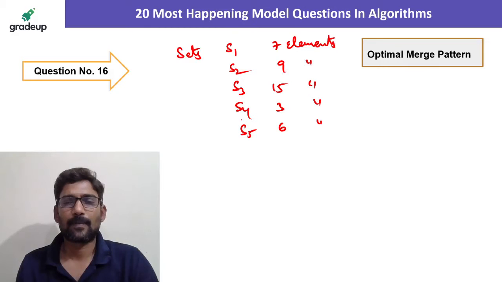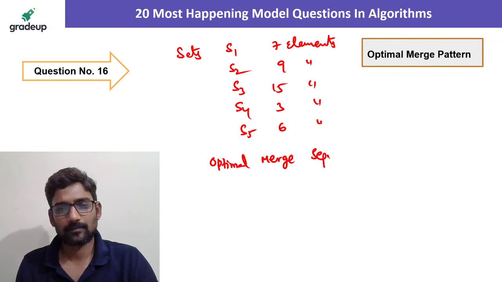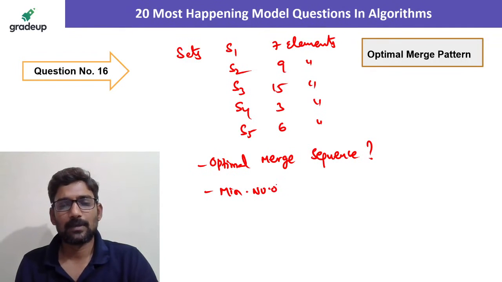Then what is the optimal merge sequence? Or you can say what is the minimum number of comparisons?